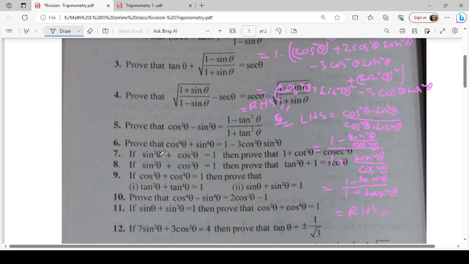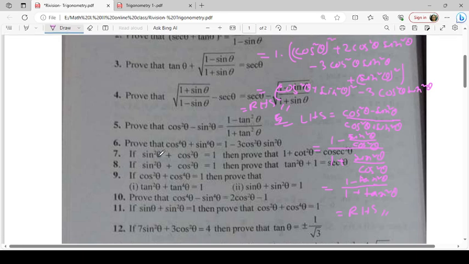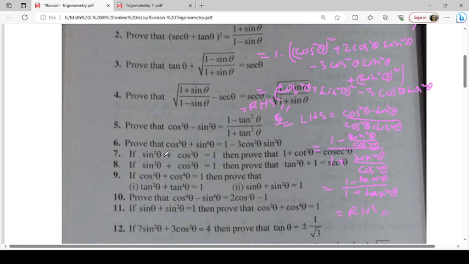This is how we will do it. We take common sin square theta. If we take common sin square theta, number 7, how will you do it? Let's see.